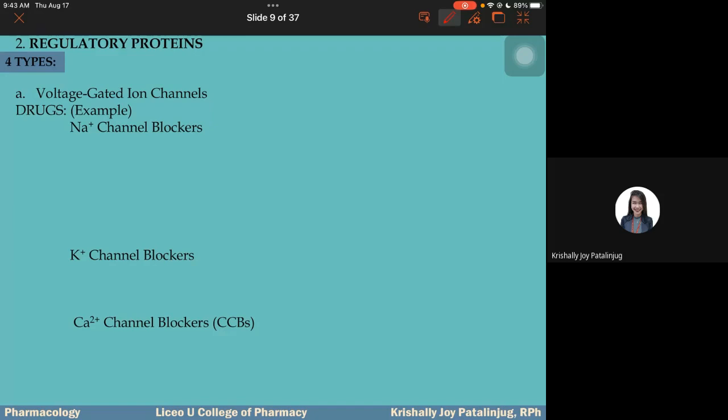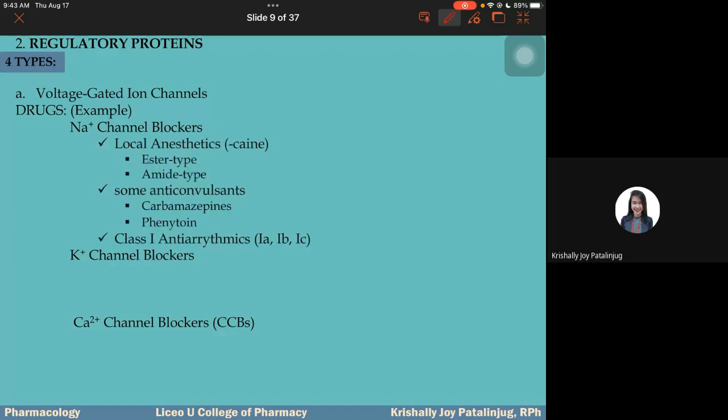For example, a group of drugs that blocks the sodium ion channel are known as sodium channel blockers. Examples are the local anesthetics, those ending in cane. This is further classified into two based on chemistry. So we have the ester type and then the amide type.